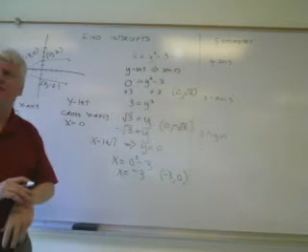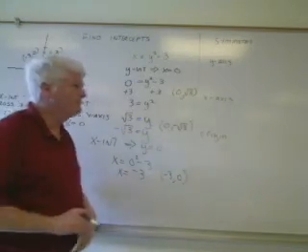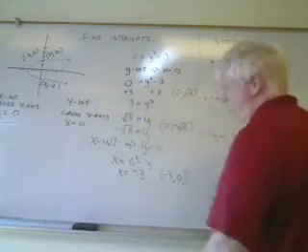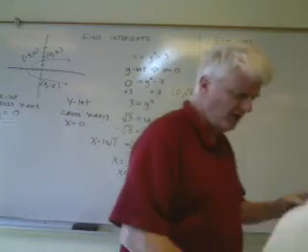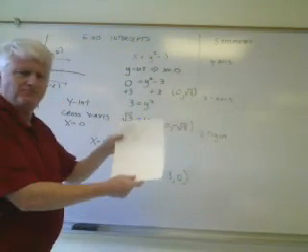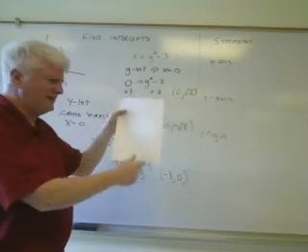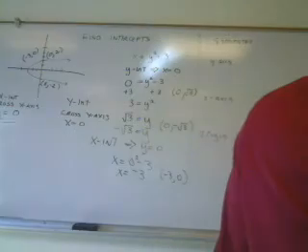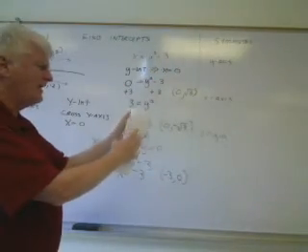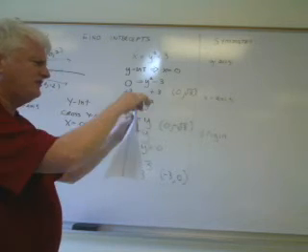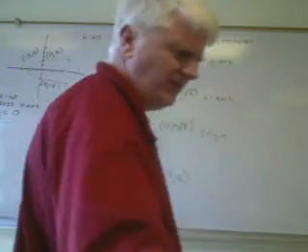Finally, there's this issue of symmetry that comes up in 0.2. What you've got to do is picture folding a sheet of paper here. If you have symmetry with respect to the y-axis, that means if you fold the graph along the y-axis, one half of the graph will end up on top of the other.